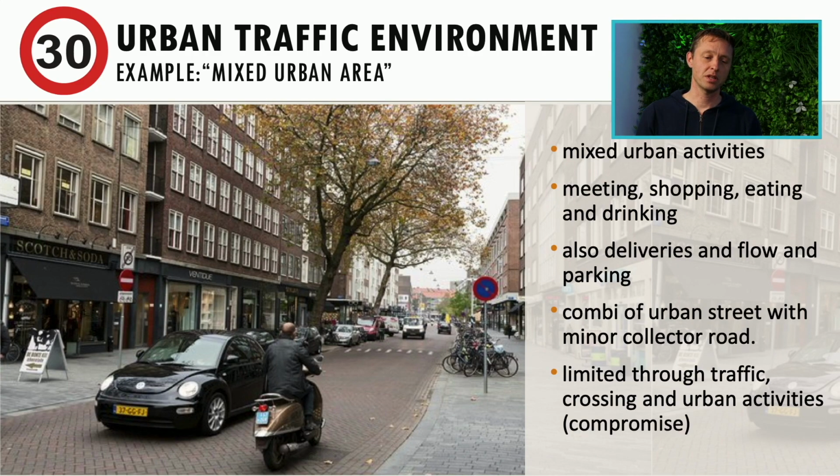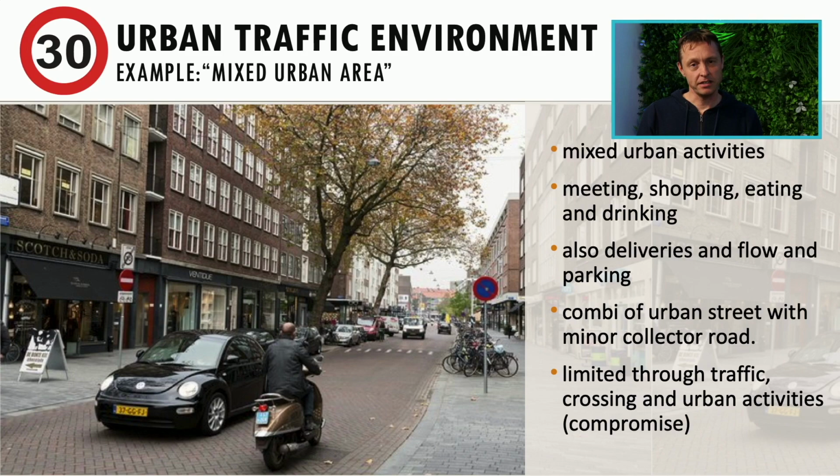So in this urban traffic environment, it's not just about staying in place, but also to some extent about flow. It's not a thoroughfare, it's not a distributor road, but it's a minor collector road for the area around it. So we have to combine those functions in the street with this minor flow.